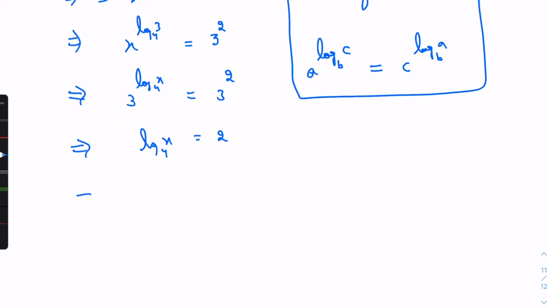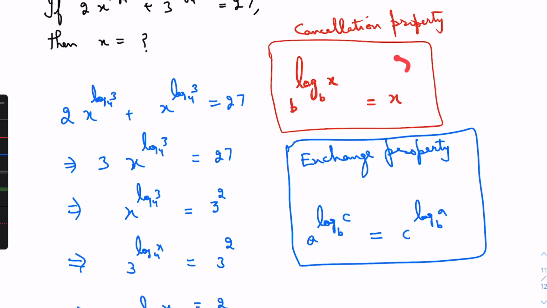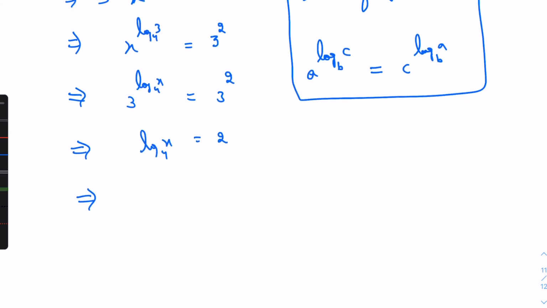And now we can use the definition of logarithms to remove this logarithm. What we want is to remove this logarithm of base 4 because we want to pull out x. So we'll just use this property now. If we have this b and b, they will cancel out. So we will apply base 4 both the sides.